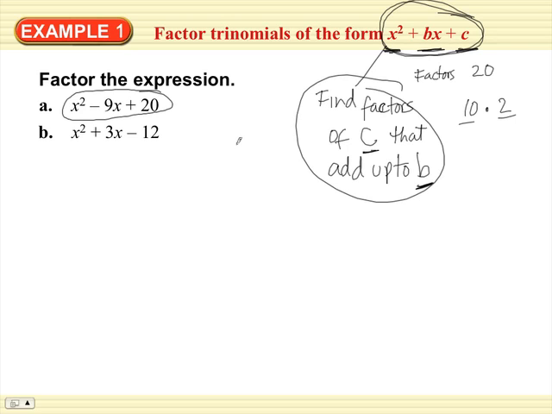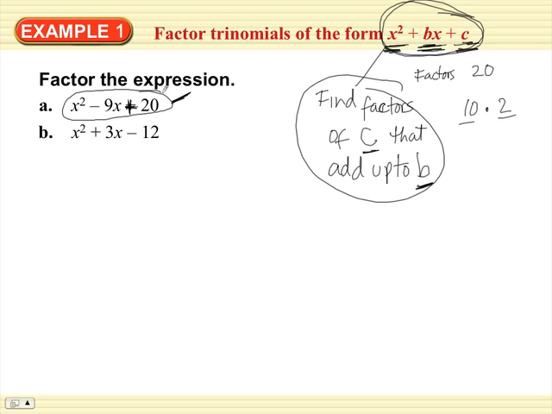All right? Let's take a look. This one right here. Let's factor this expression. Anytime you see x squared plus bx plus c, think of b and c here.